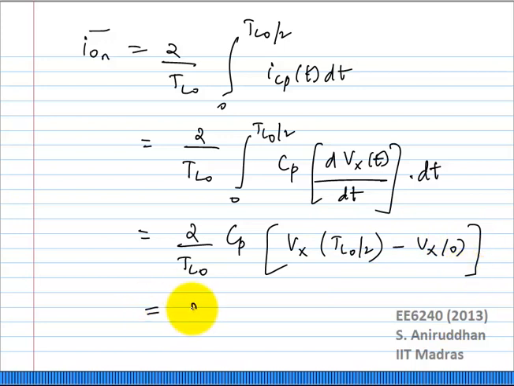How much is that? It is just Vn. The reason you have this pulse is because of Vn.